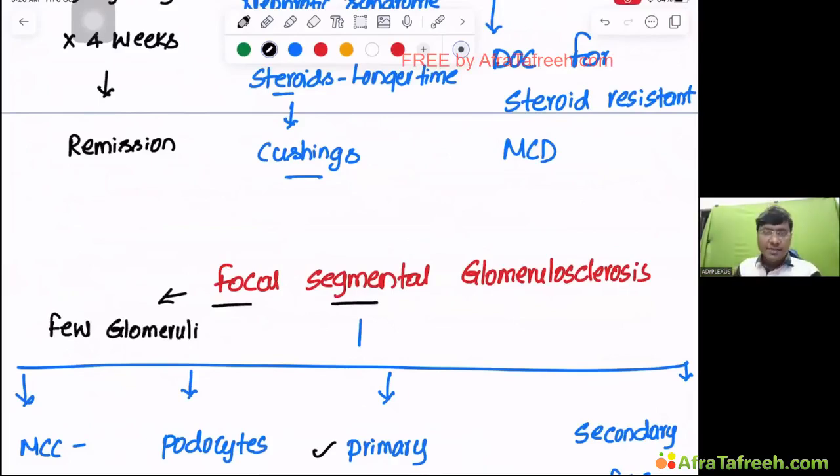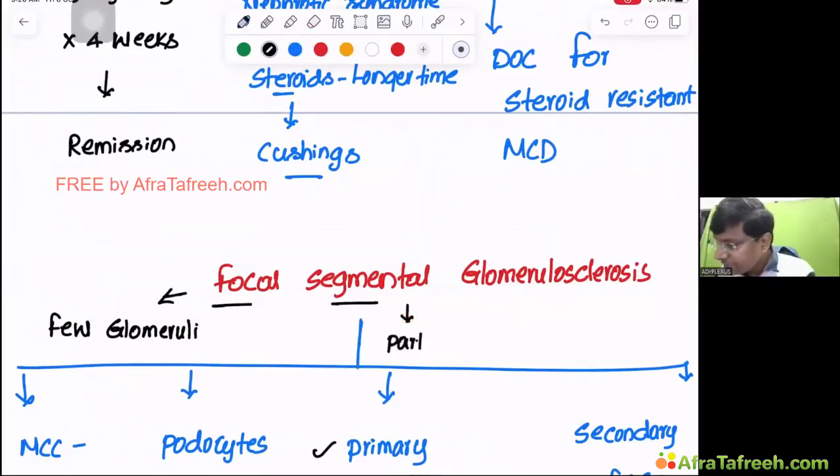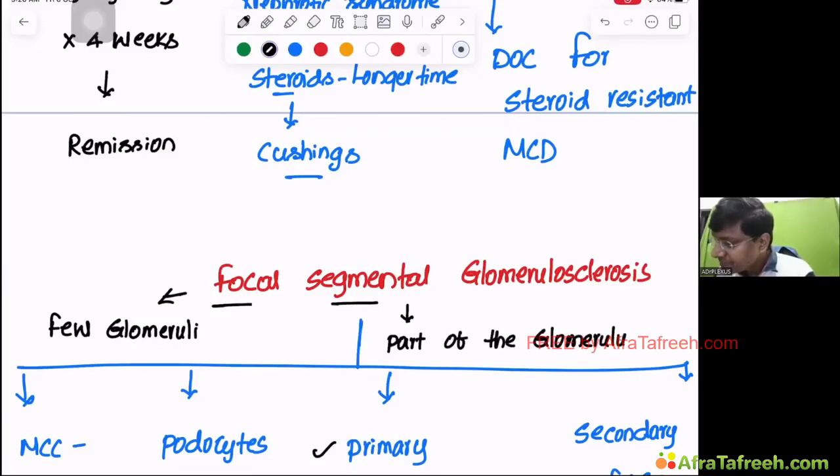And why is it called segmental? It is called segmental because it is only a part of the glomerulus that gets affected. So only few glomeruli, that is focal, and only part of the glomerulus is affected, that is segmental.